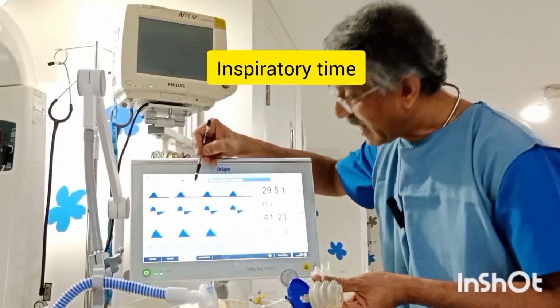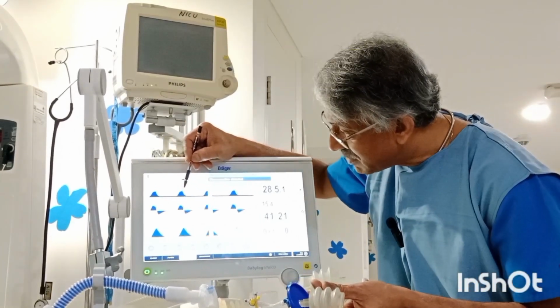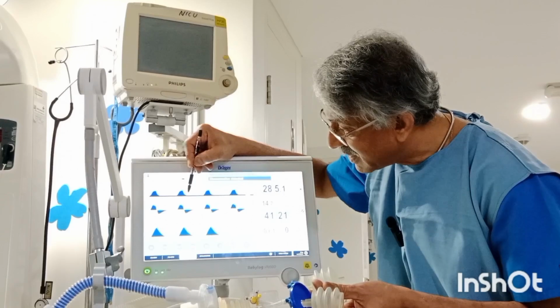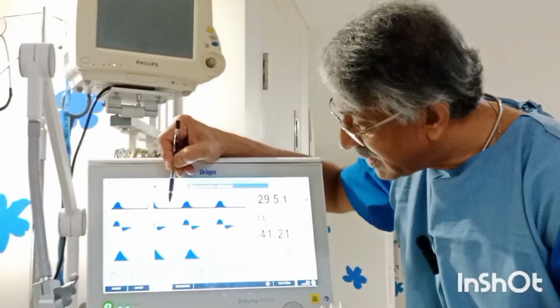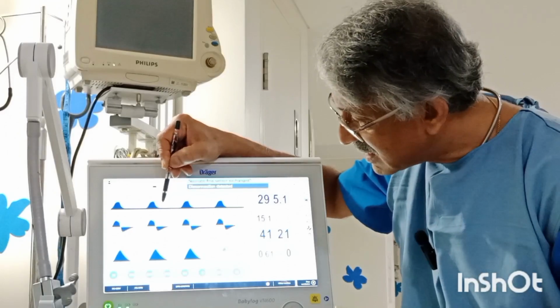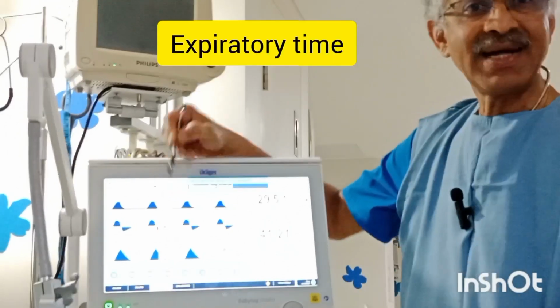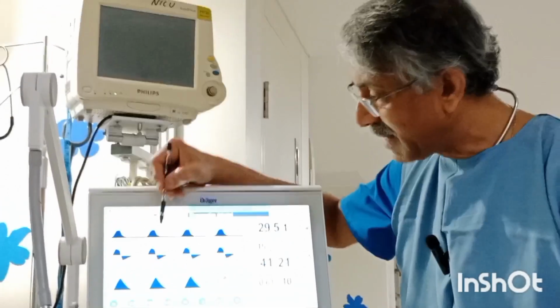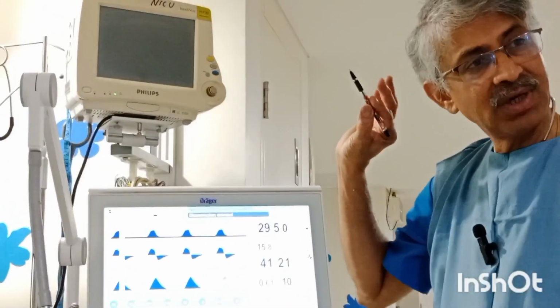The end of this is where expiration starts. From there till the beginning of the next inspiration is called the expiratory time. So you have inspiratory time and expiratory time. Are you clear about that?